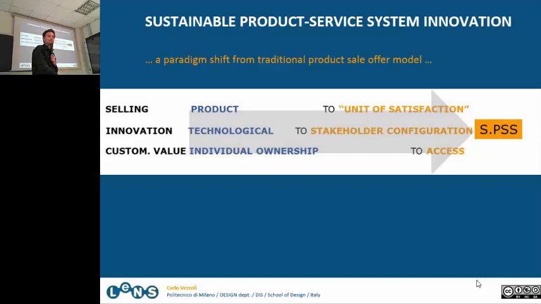And then another characteristic is that, you remember, at least when we look at the industrialized context, we shift from the value perceived by the user as the ownership of the product, to the access to products, goods and services. So to the benefit, to the satisfaction that those products give to us. Okay?